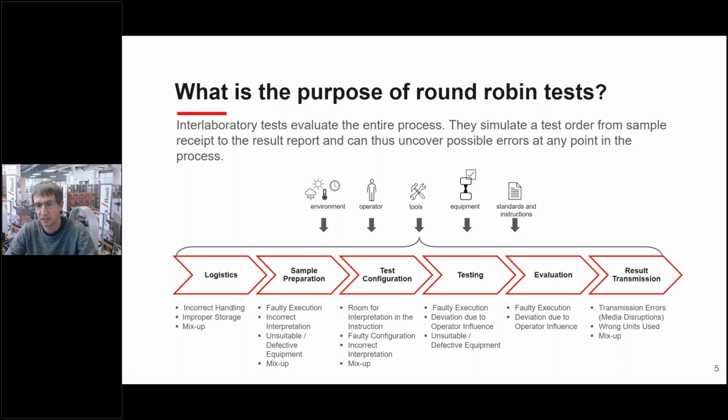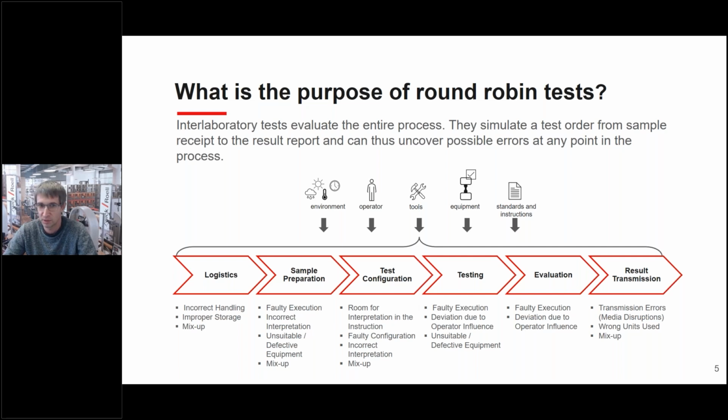For example, a temperature-critical specimen is stored in a locker room or in a room where the temperature is eventually not correct. The sample preparation can go wrong. You can misinterpret the instruction which is given to you, or you have a defect in your equipment, or you misuse your equipment.